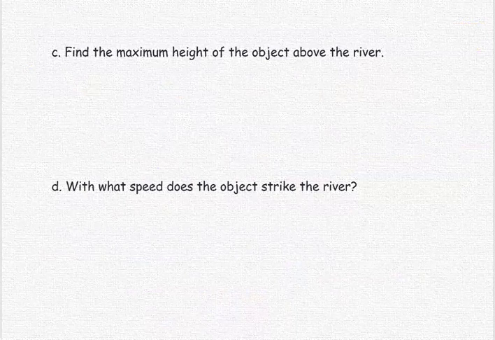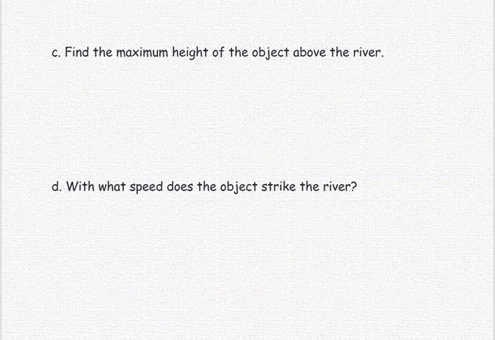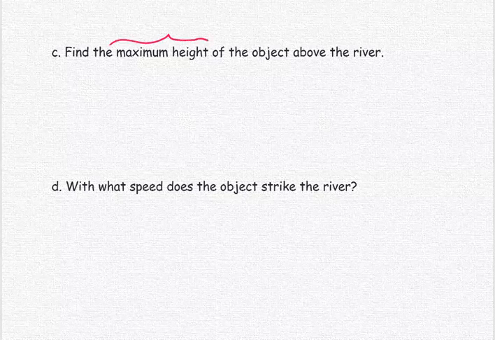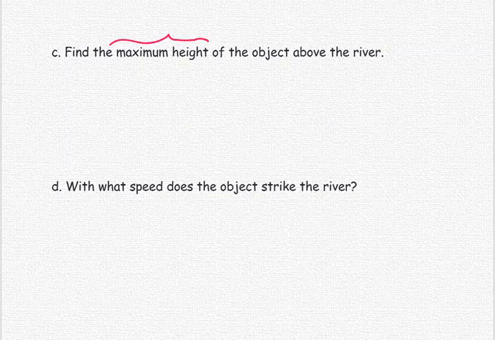Next part, we are going to find the maximum height of the object above the ground, above the river, sorry. The maximum height, as you recall from earlier in chapter 4, to find the local max, local min, we find the critical point or the critical value by finding the derivative and letting it be 0. In some cases, we have to consider the critical point where s prime is undefined.